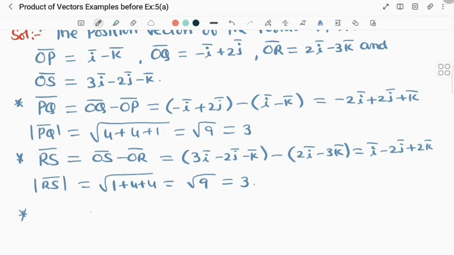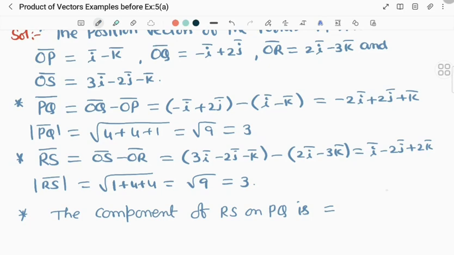Here, the component of RS on PQ is... First what you have to write is, for PQ bar it is there, no?